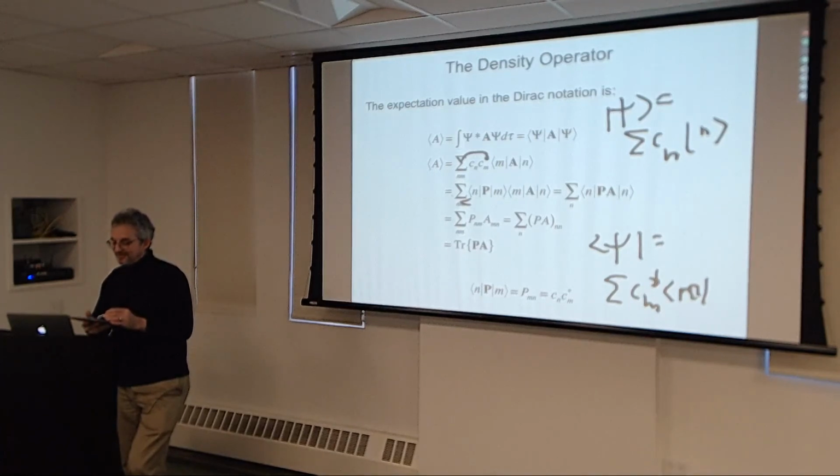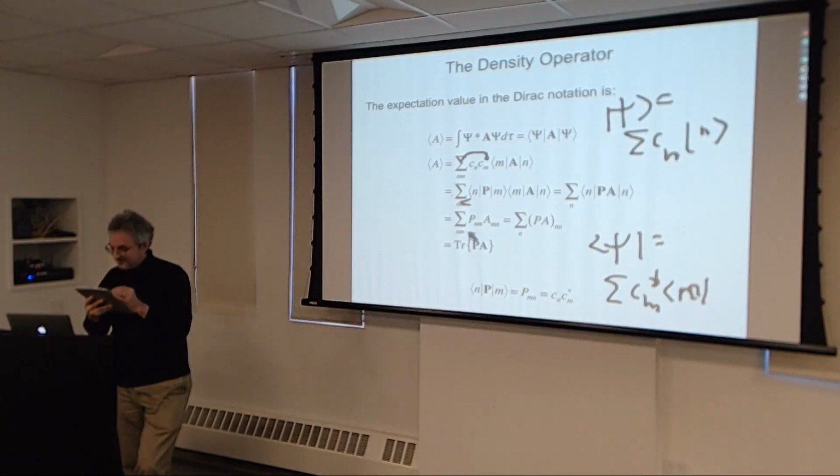But once I've done that, I can replace the c's with p n m. That's just my matrix now that I invented. And I do this because you might remember that the sum over m of p n m, a m n, would be the definition of the matrix product.